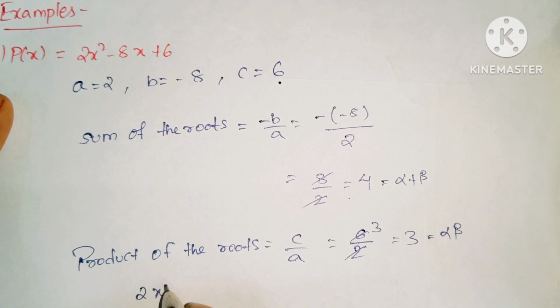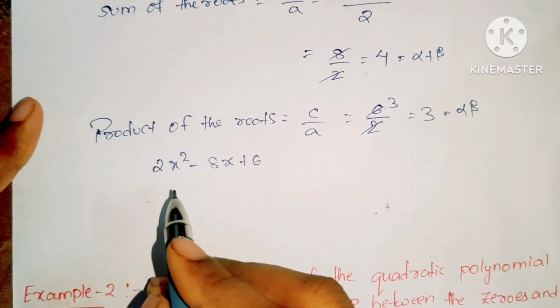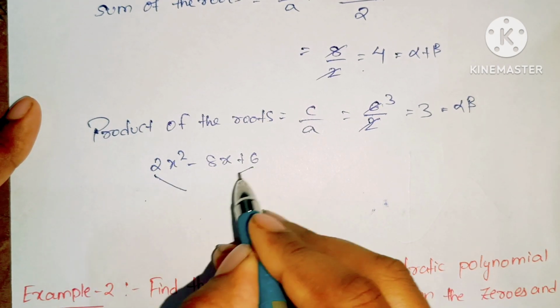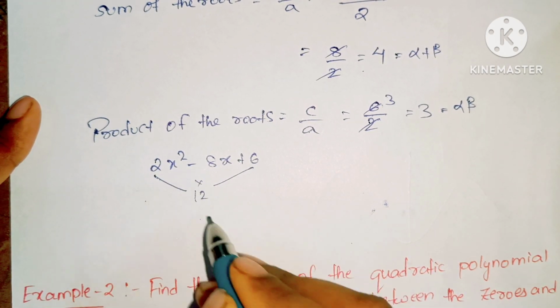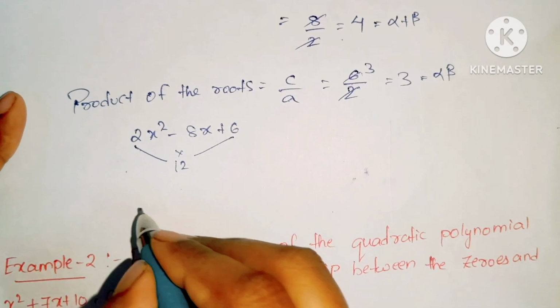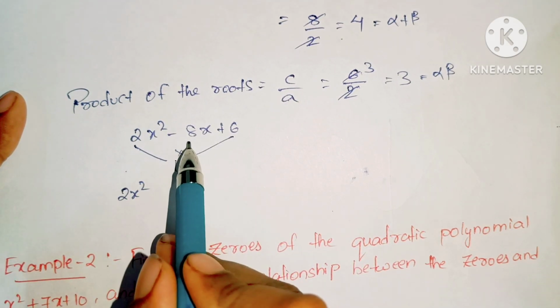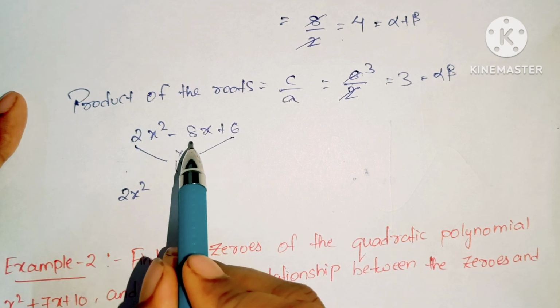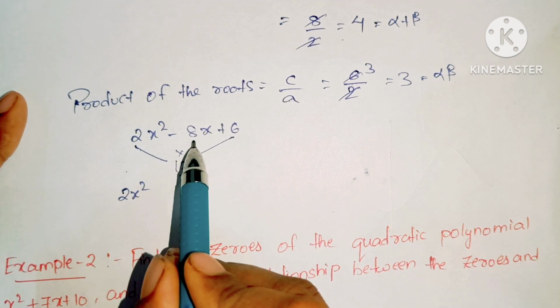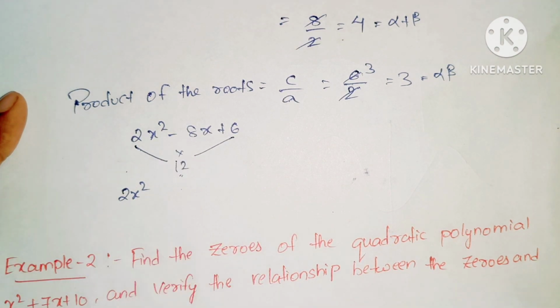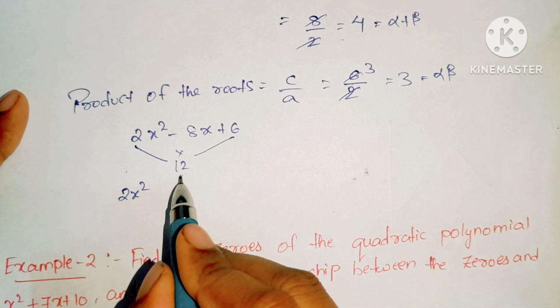See here, 2x square minus 8x plus 6 was given, right? So you have to find the factors for this. 2 into 6 how much? 12. Okay, so with 2x square, you have to split this 12 into 2 terms so that by adding or subtracting them you get 8x. So 6 twos are 12, right?